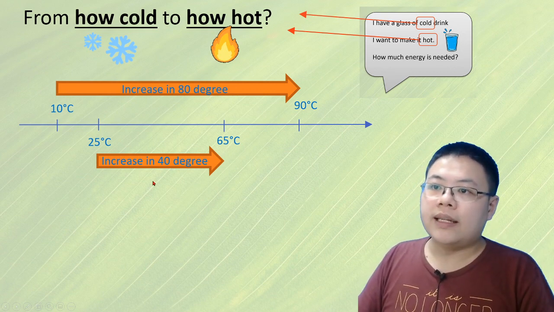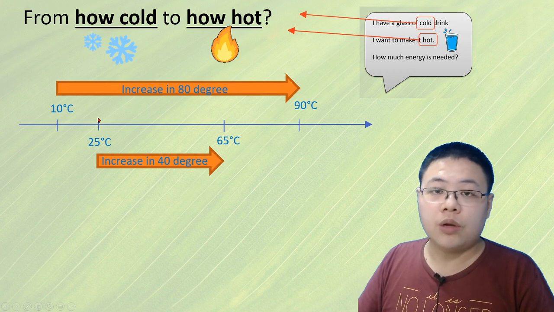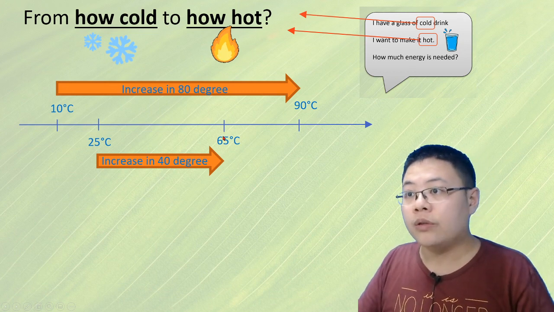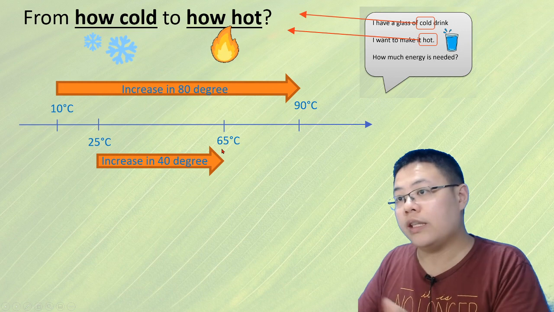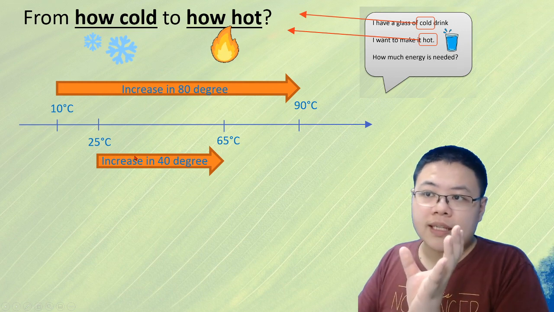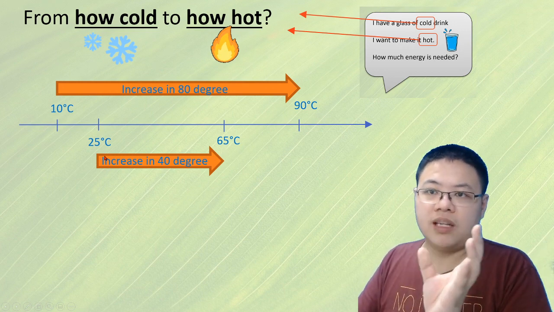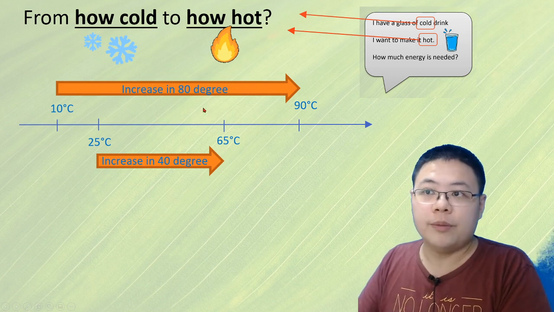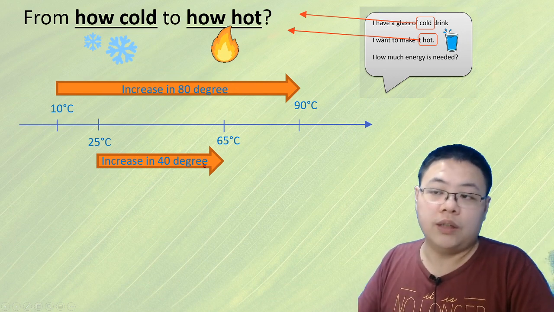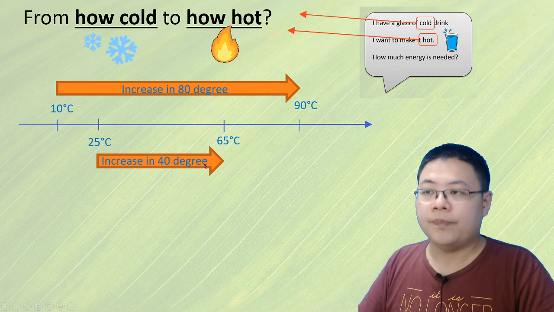But for the second case, for example, the cold water is 25, room temperature, to 65. This is quite hot in a bath, okay? But this amount of increase is just half of the previous. It's just 40 degrees Celsius increase.